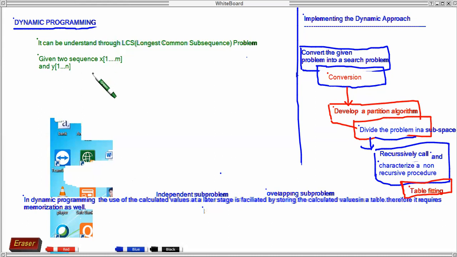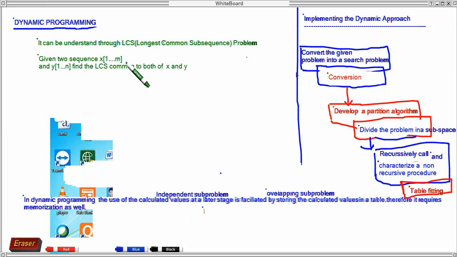Our objective is to find the LCS, the longest common subsequence. We have to choose an LCS that is common to both x and y. If x is a sequence and y is a sequence, then we have to choose a sequence that is present in x as well as in y.